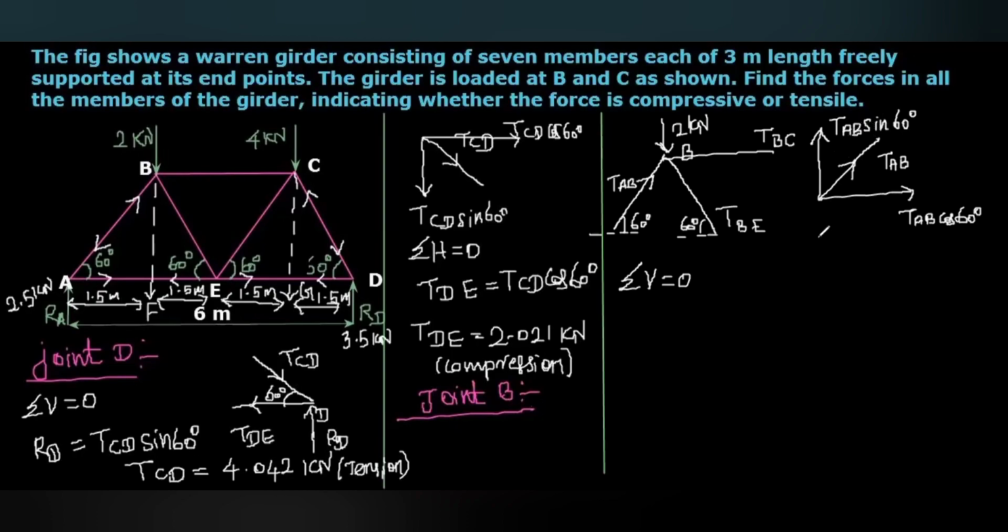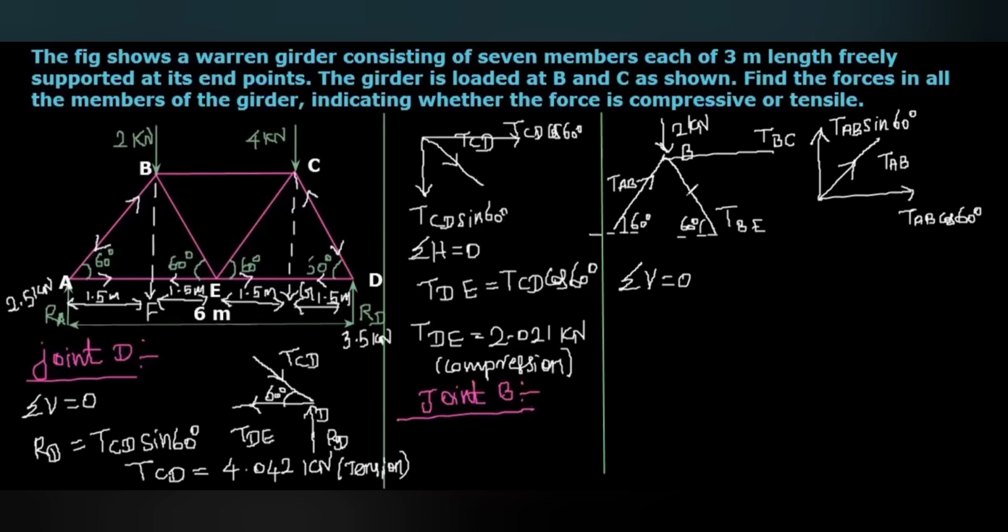Okay. So here you can see the next inclined force, that will be TBE. But here there are two possibilities as I mentioned earlier. This may act either towards the joint B, or away from the joint B. That we have to calculate.